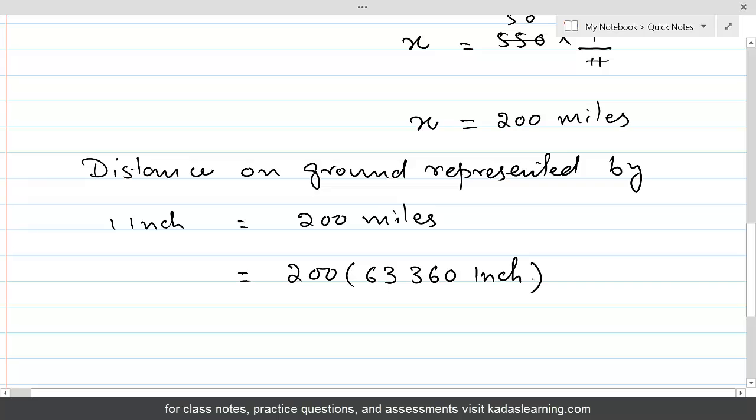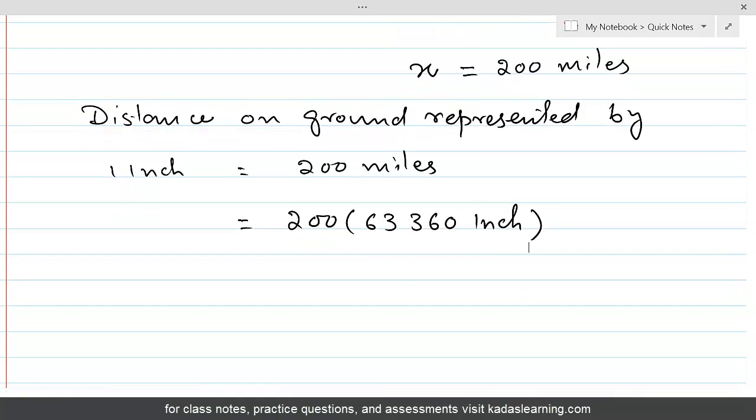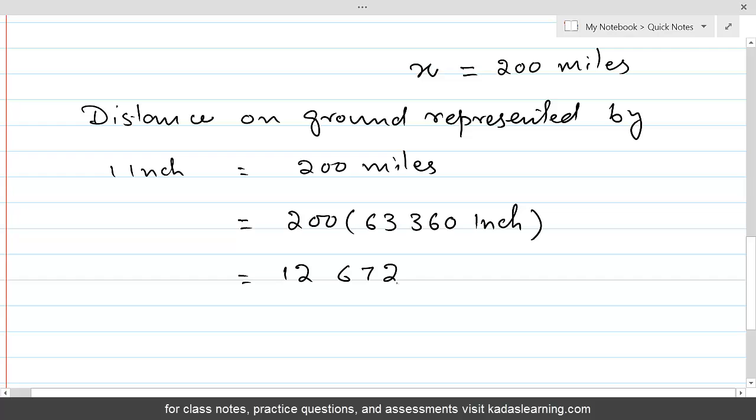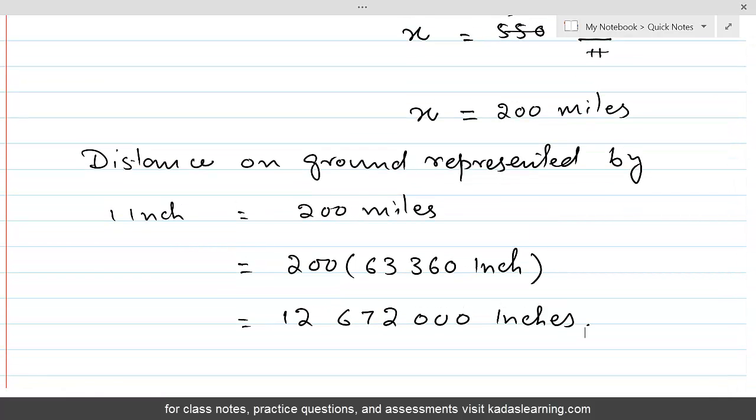This is conversion scale of miles to inches, and when we multiply both of these, 200 and 63,360, this would give us 12,672,000 inches. So this was the required distance in inches, and if you require your answer in miles, that's given 200 miles.